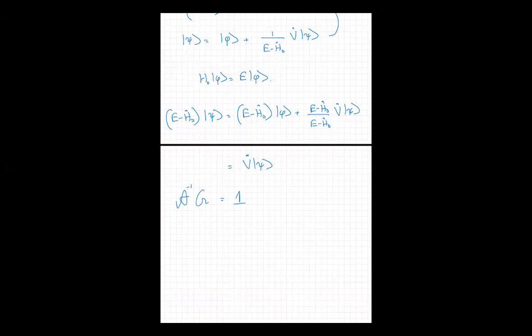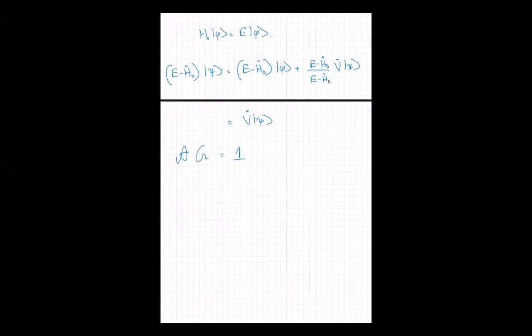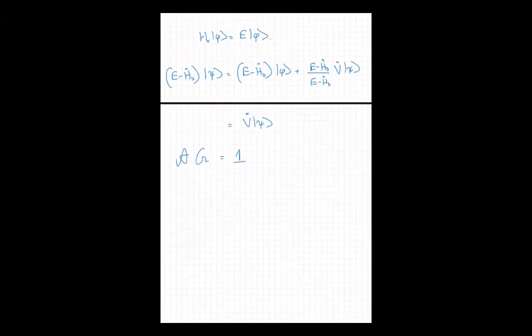Or if you don't want A inverse here, you can actually take A. If I construct an operator G such that A times G is just the unit operator, then I can think of G as the inverse of A in some sense, right? So if I write this in coordinate space, then this operator times G, which is a function of, let us say, R and R prime, equals delta cube R minus R prime.